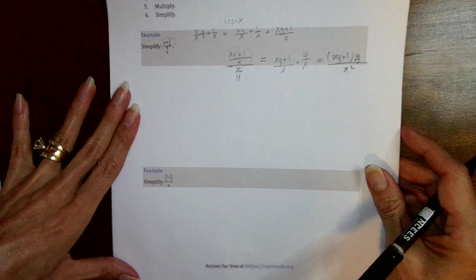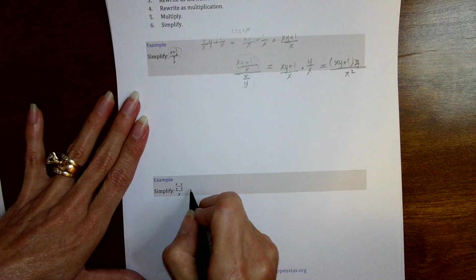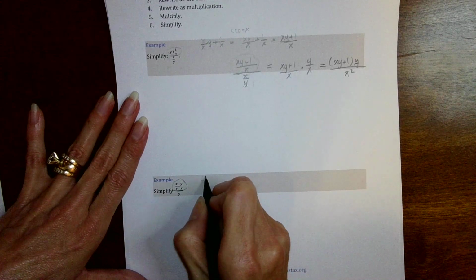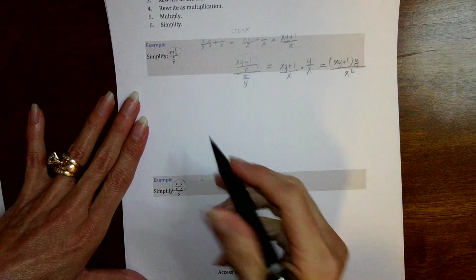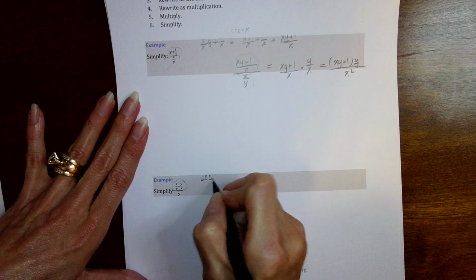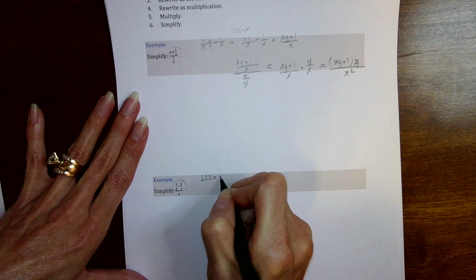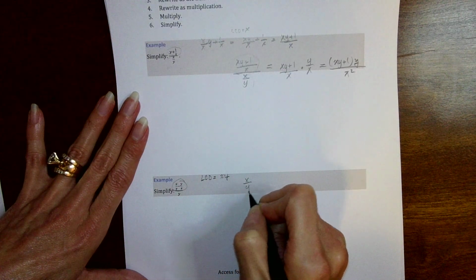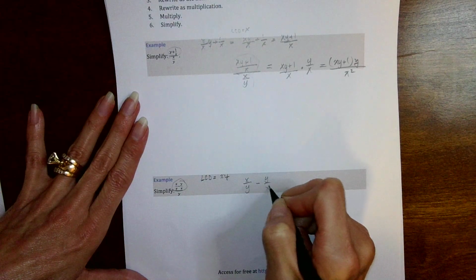Alright. Let's look at this last one. So I'm going to go ahead and get a common denominator on the top. My lowest common denominator is x times y. So I have x over y minus y over x.